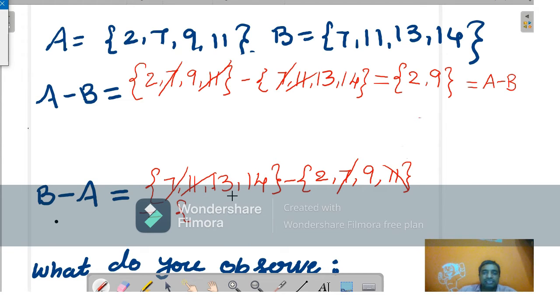And whatever elements are left in the first set, you write: 13, 14. So this is B minus A.